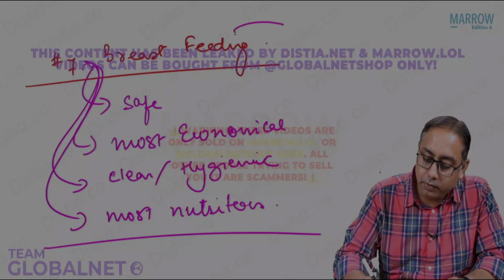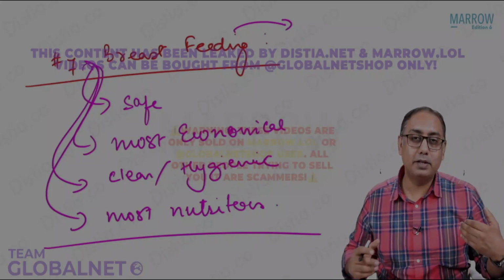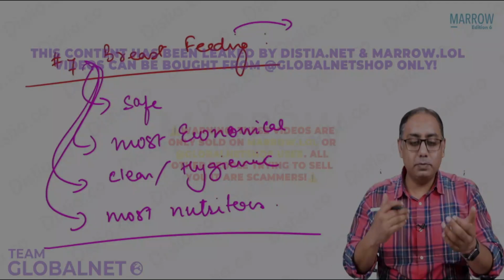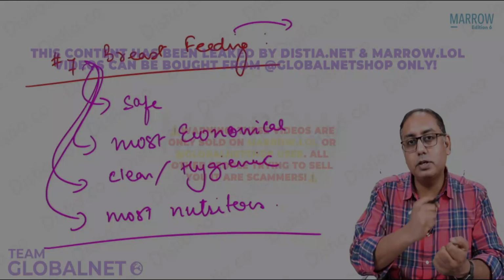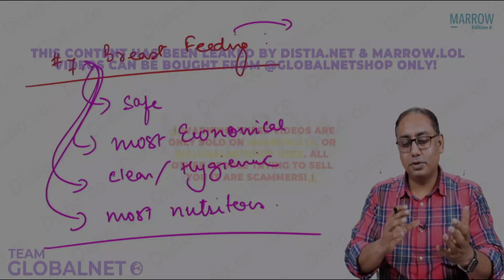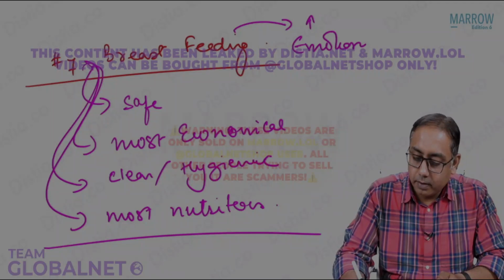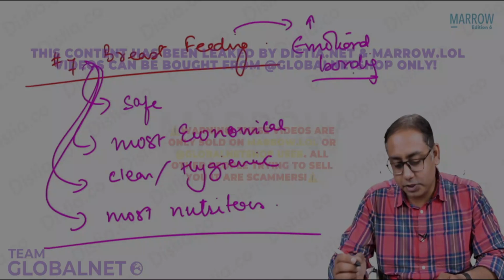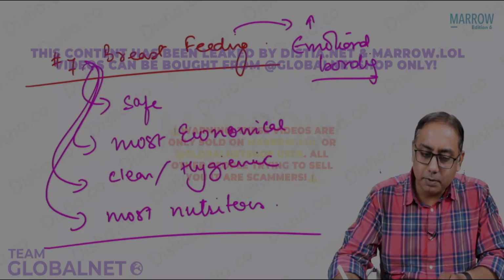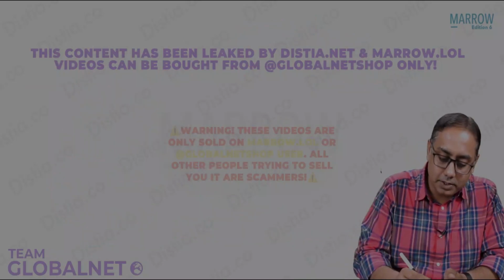And of course, I think we all know that breastfeeding secretes oxytocin in the mother, and oxytocin is a hormone which gives a greater sense of emotional bonding with the child. So it also promotes emotional bonding, and it removes the mother's anxiety and the child's anxiety. So these are just some of the advantages of breastfeeding which you think may be asked in your exam.